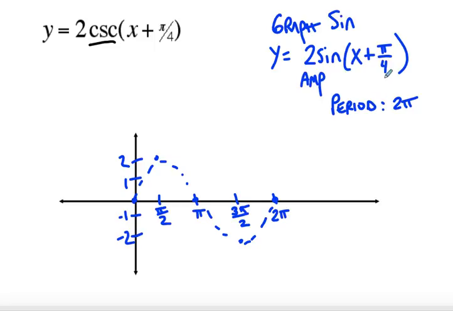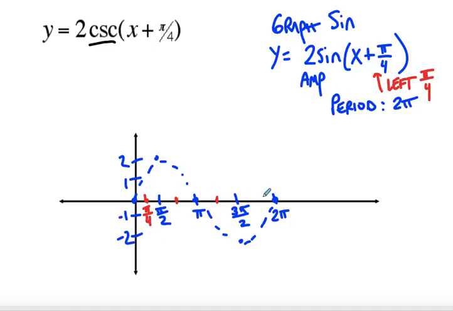I have not accounted for this shift. So this would be a shift to the left by pi over 4. Well, pi over 4 would be right here. Pi over 4 would be like a little in-between tick mark.